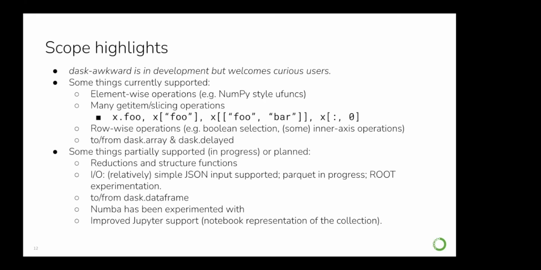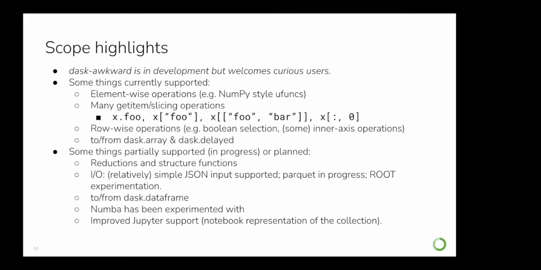Some of these are supported, but there are arguments to these functions, for example the axis argument, where you could apply axis 0, axis 1, or axis none. Some of those operations are not supported yet. So if you are eager to jump in and use Dask awkward and you execute something that's not supported, you will get a not implemented error at this point. But like I mentioned, these are things that are in progress.